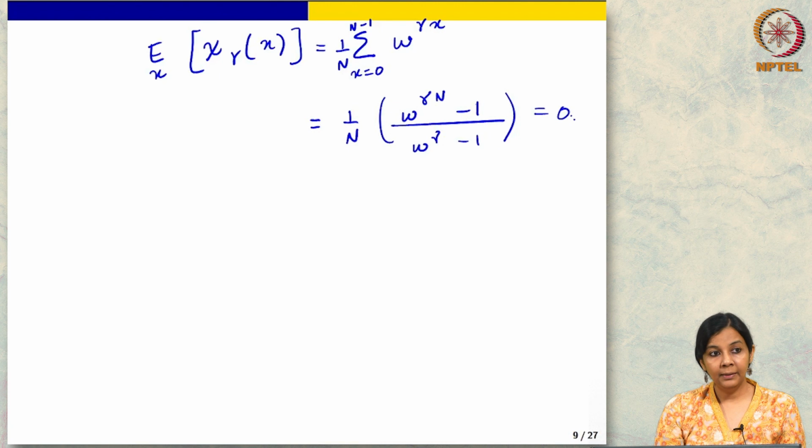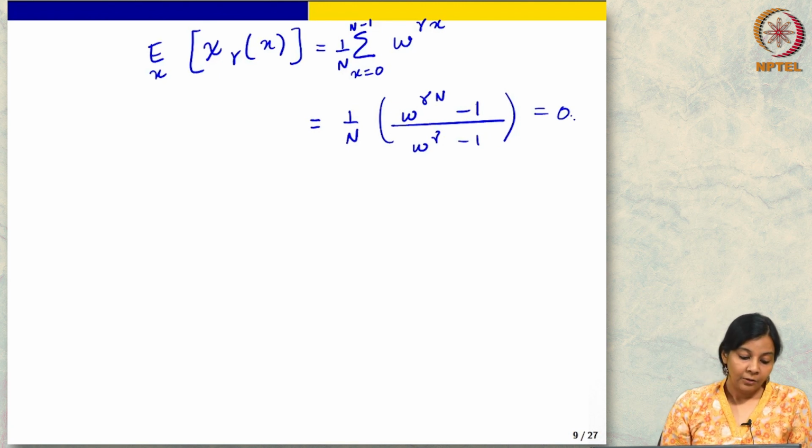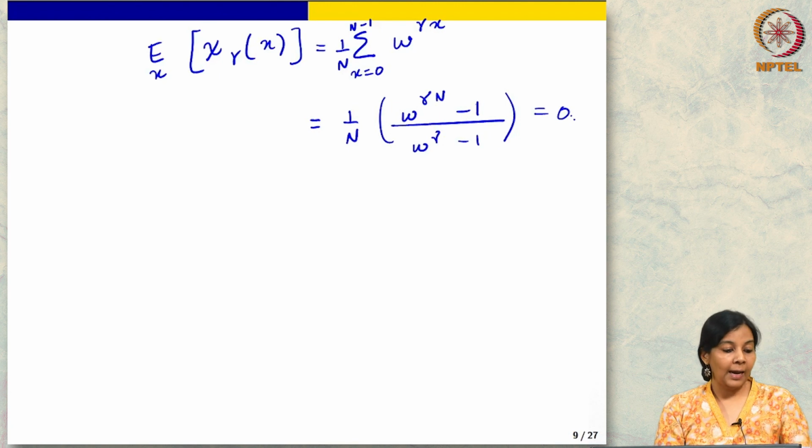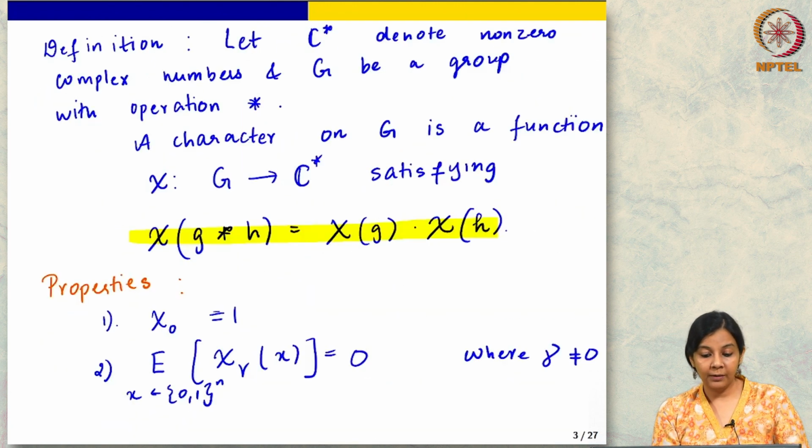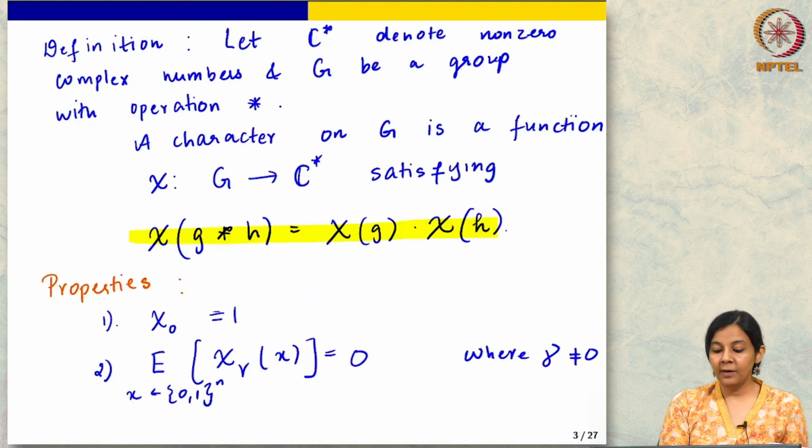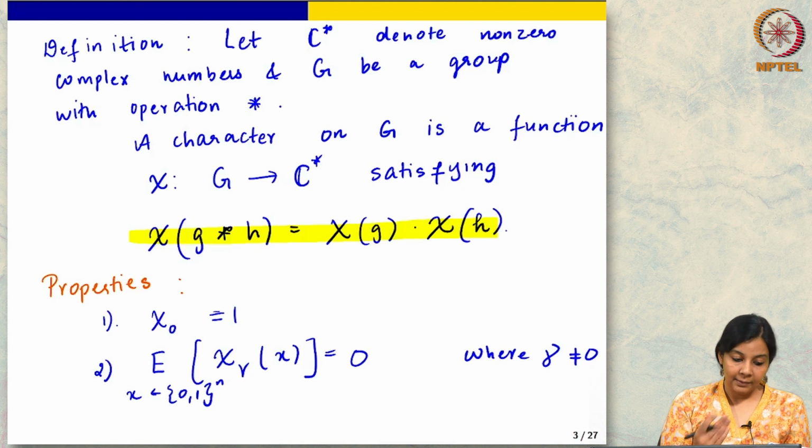Is it fine? Okay. This is analogous to what we saw before. That is why we were looking at those properties. The expectation over x of chi gamma of x was 0 even earlier, and the same thing holds now.